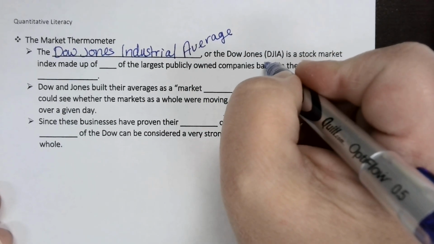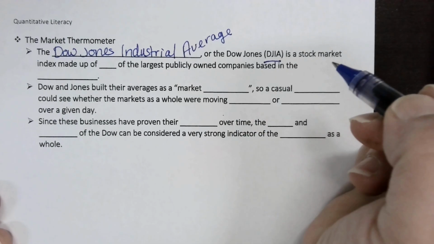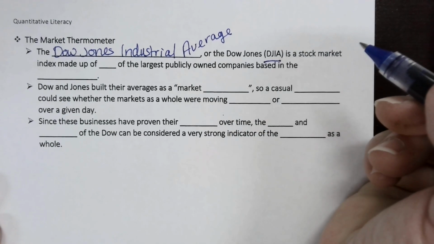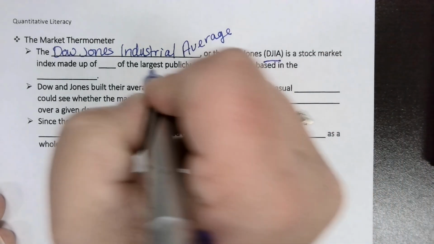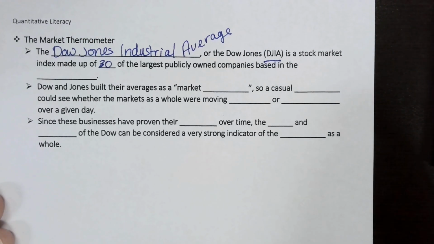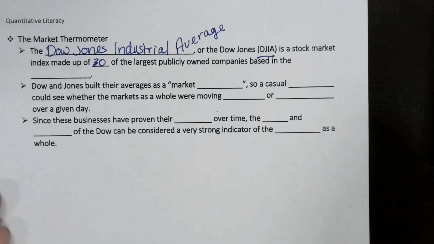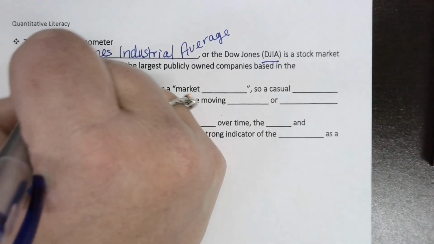They call it the DJIA, or the Dow Jones Index. And it's made up of 30 of the largest publicly owned companies based in the U.S.